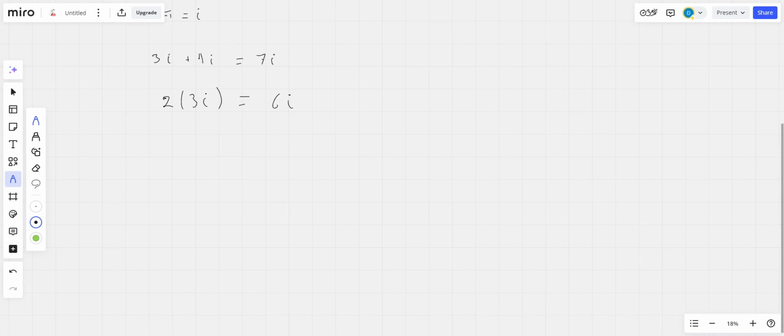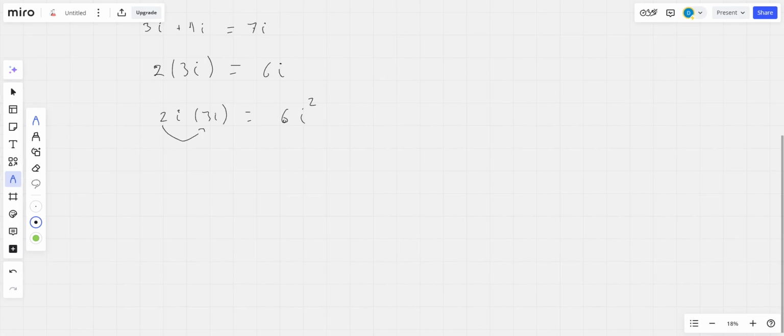Now you can also multiply an imaginary number by another imaginary number. In this case, you can multiply the real part to each other. I have 6, and i times i equals i squared.